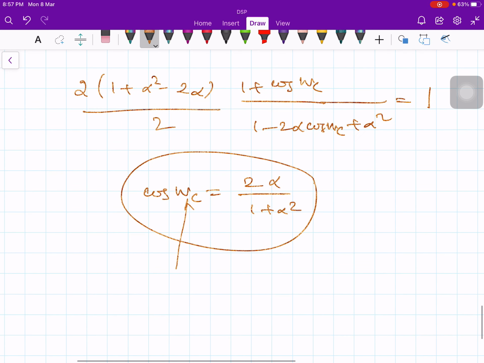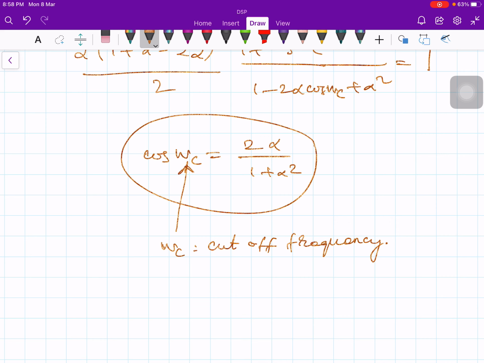Now omega c is controlled by alpha. Okay, so what is omega c? Omega c is the cutoff frequency, and this cutoff frequency is controlled by alpha.